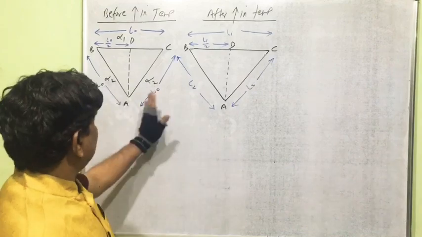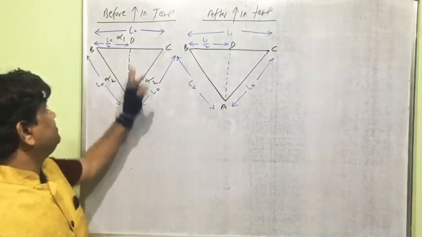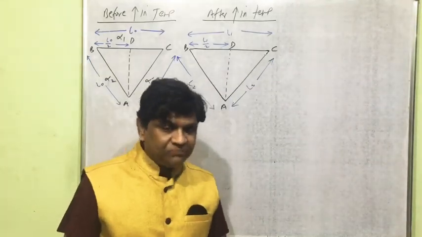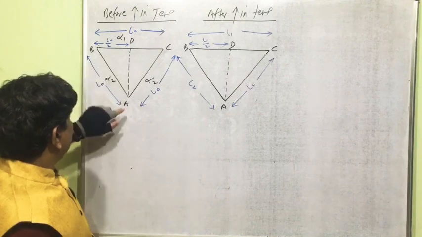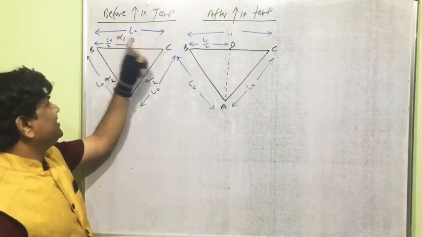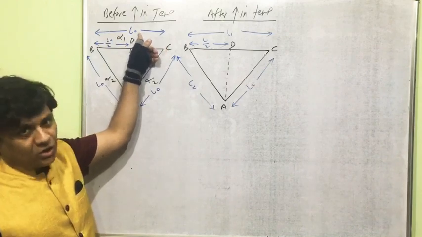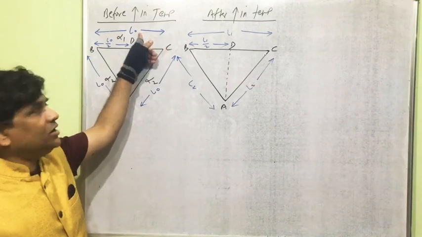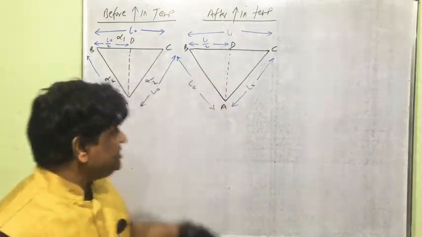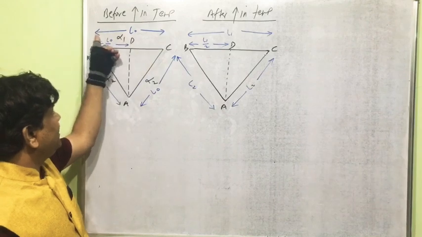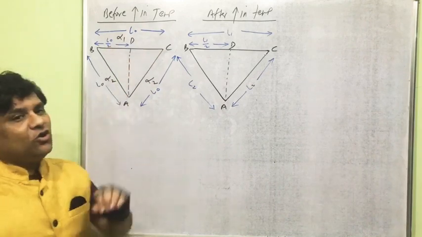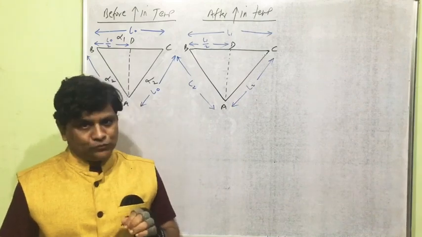We have drawn two diagrams on the board. This is the diagram before rise in temperature, this is the diagram after rise in temperature. According to the question, length of AB is equal to length of AC is equal to length of BC, supposed to be L naught. D is the midpoint of BC. So if length of BC is L naught, length of BD will be L naught by 2.